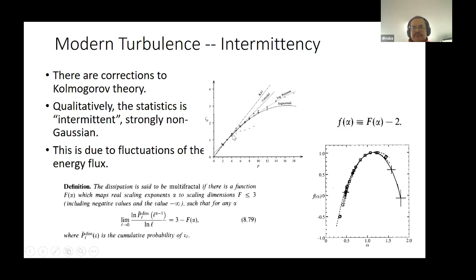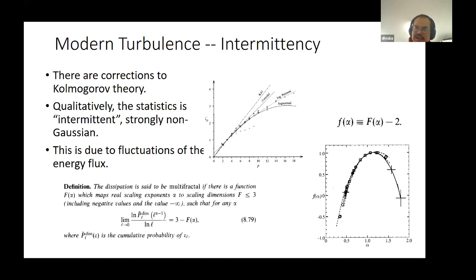And our understanding is that the reason the structure function behaves this way is because of fluctuations of the energy flux. So there is a connection between the fluctuations of the energy flux and the behavior of the structure functions. Of course, the energy flux is related to the energy dissipation rate.